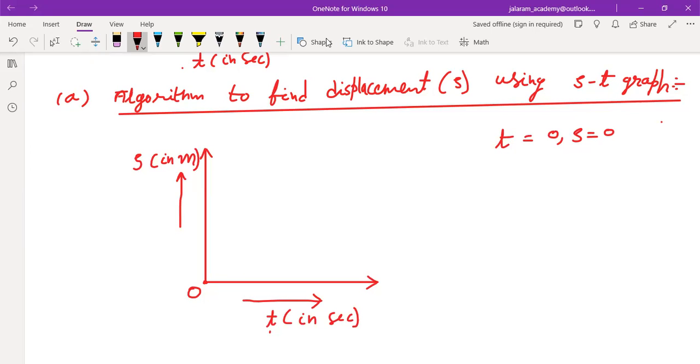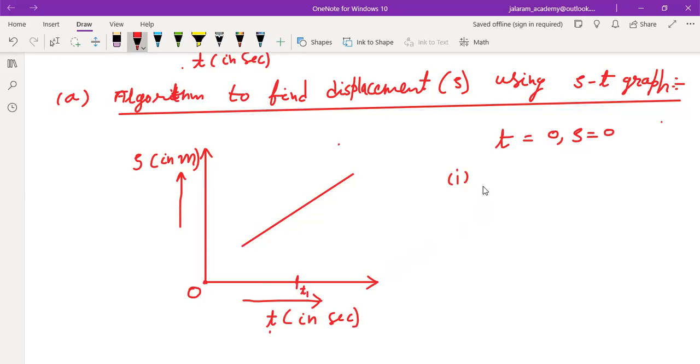Now, if we have to find the displacement at a given time t1, we have to write the steps in the algorithm.